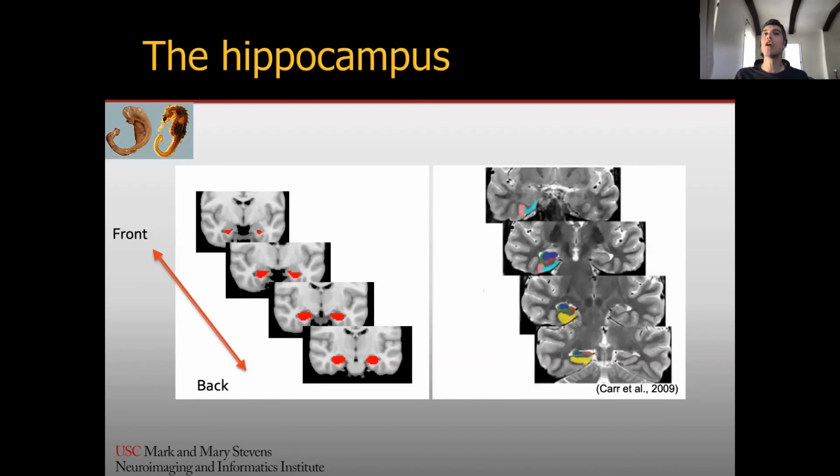Getting this high quality data from the scanner allows us not only to identify the hippocampus and measure its properties, but also to go to a higher level of demarcation and try to identify different subfields of the hippocampus, as outlined here by different colors, to understand how different parts of the hippocampus contribute to neuropathology.